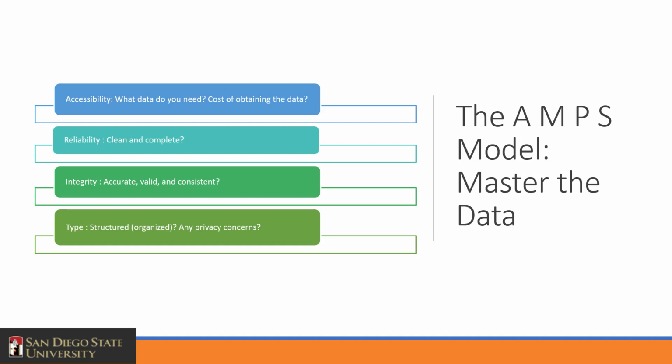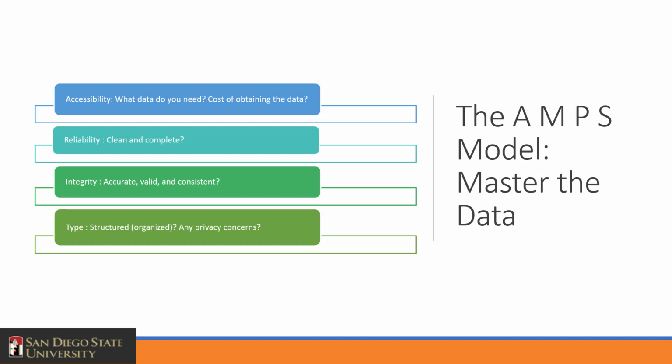We also need to figure out whether the data is clean and complete, so the reliability of the data. The third one is integrity, whether the data is accurate and consistent across time and across firms. And lastly is data type.